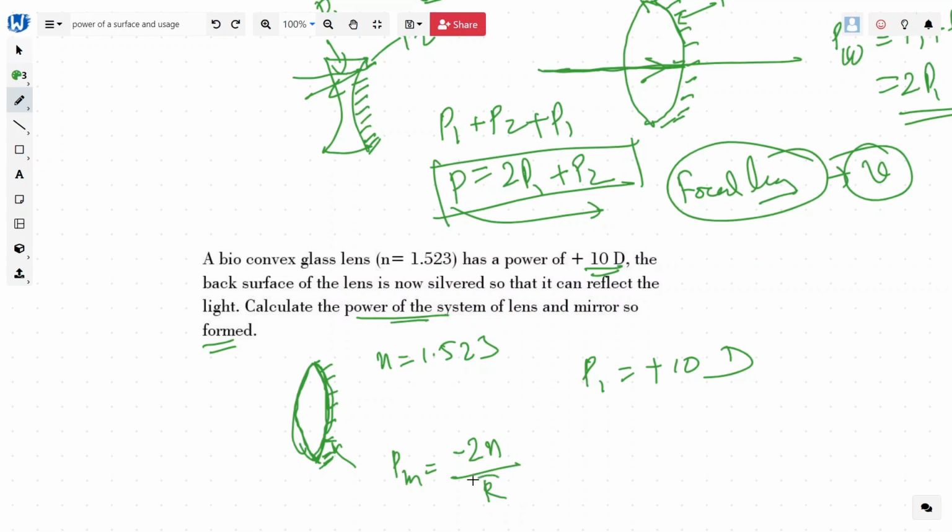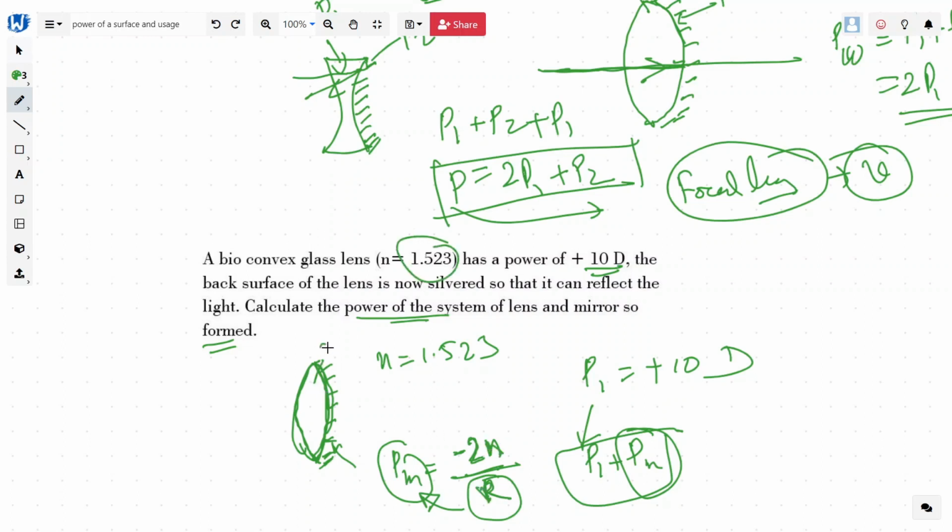If we know the r, then we can find this power. And if we can find the power, the power of the system is going to be power of the lens plus power of the mirror. P1 is given. For the PM, we know this formula is 2n by r. Now we can find PM if we know r, because n is given.